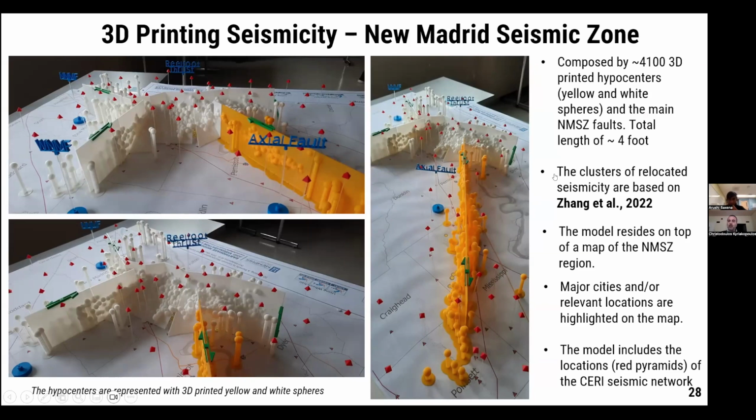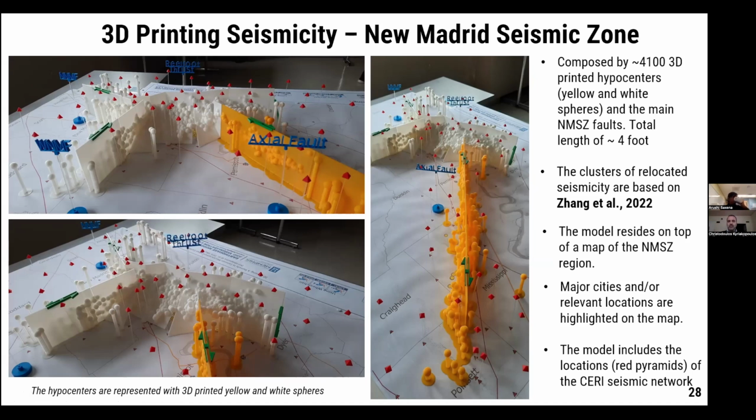And here I will have to really highlight the importance of using the published, relocated seismicity, 20 years worth of relocated seismicity published by Ji-Xin Zhang, who was actually a graduate student here. She published this great JGR paper that gave me the opportunity to nicely show lineaments of seismicity together with the faults.